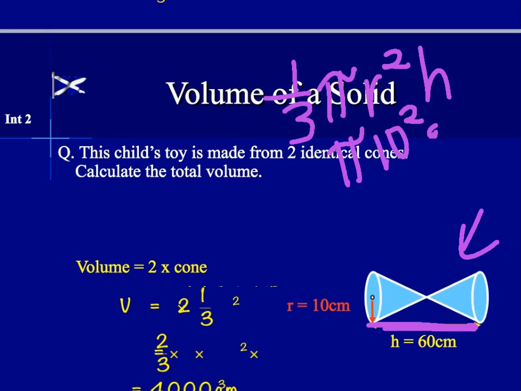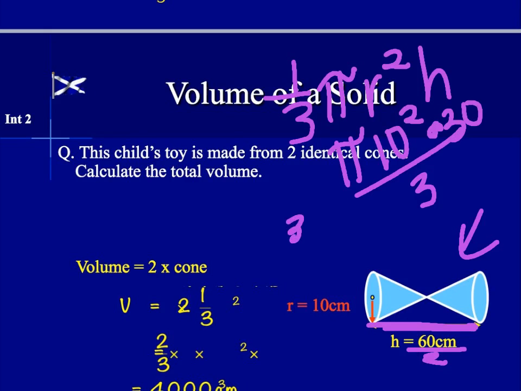So I'm going to take 60 and divide it by 2. 60 divided by 2 is 30. So my height of one cone is 30. 10 squared. Oh, all divided by 3. I can't forget that it's a cone. 10 squared is 100. 100 times 30 is going to be 3,000.